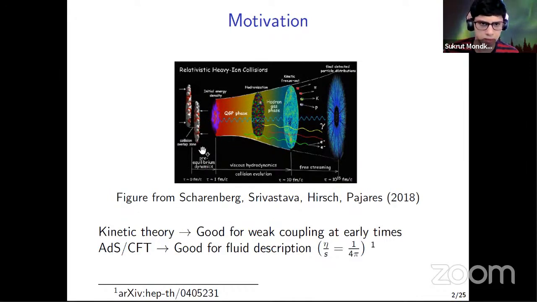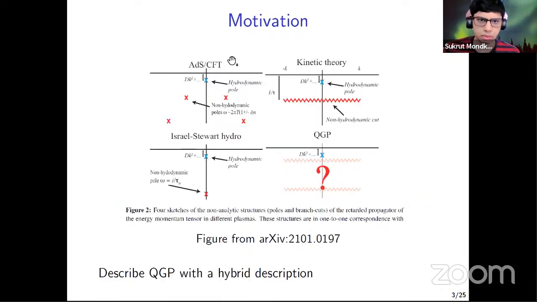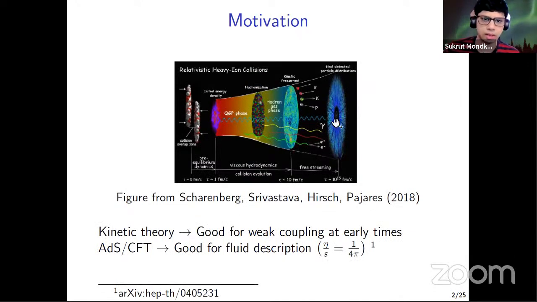At early stages, when energies are very high, a weak coupling description such as kinetic theory is suitable, whereas the quark-gluon plasma phase, which is produced at intermediate stages, can be described as a strongly coupled fluid with a very low value of viscosity to entropy ratio. So basically at different stages, this matter admits different effective theories as the best physical description.